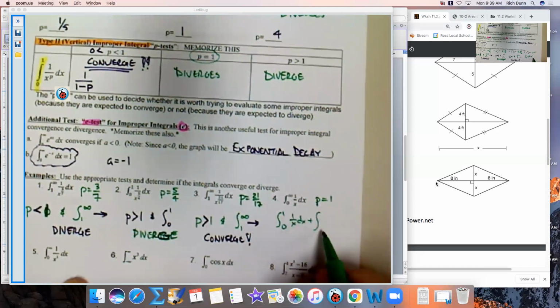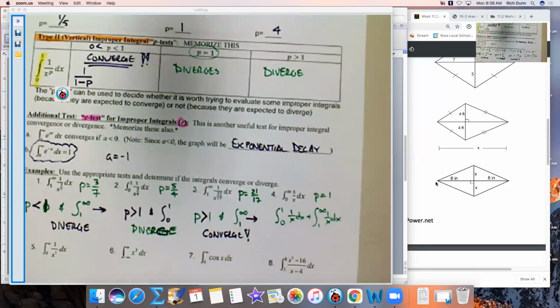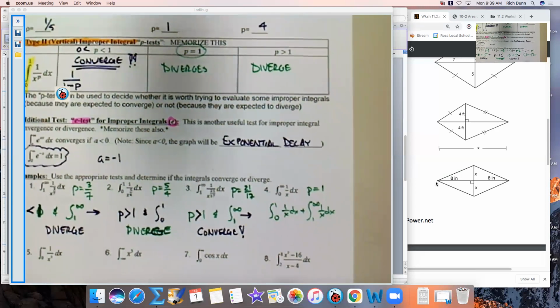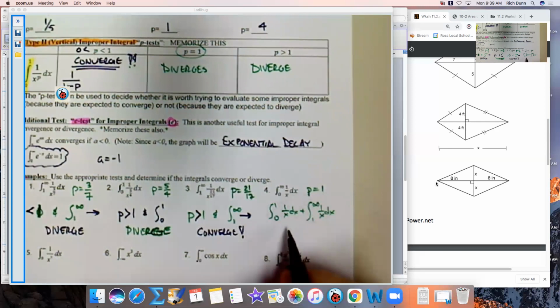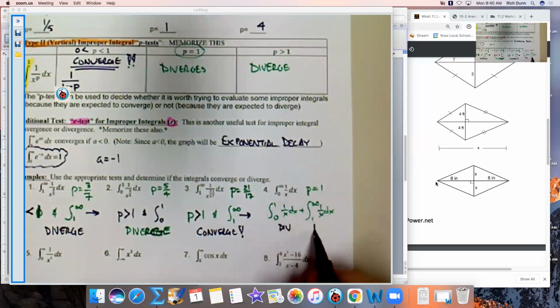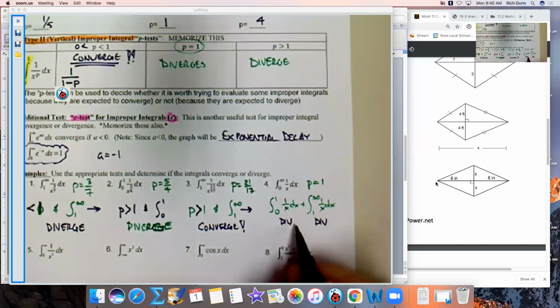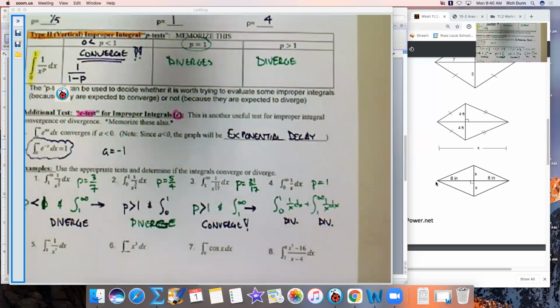And we can evaluate that from 1 to infinity. And that covers both of our p-tests. But unfortunately, since p is equal to 1, this will diverge and this will diverge. So the whole thing will absolutely always diverge.